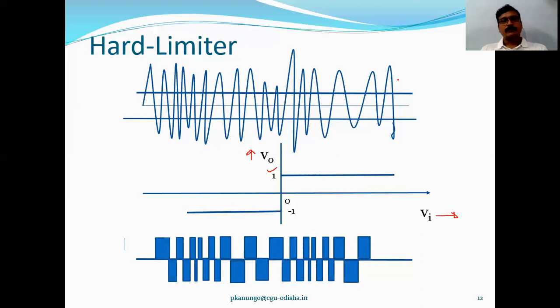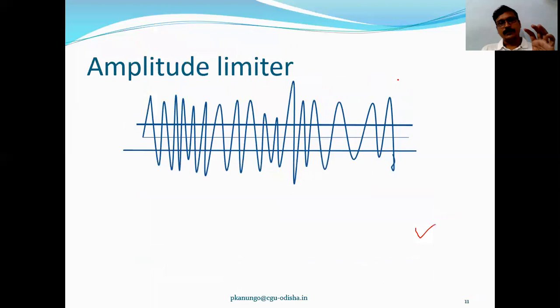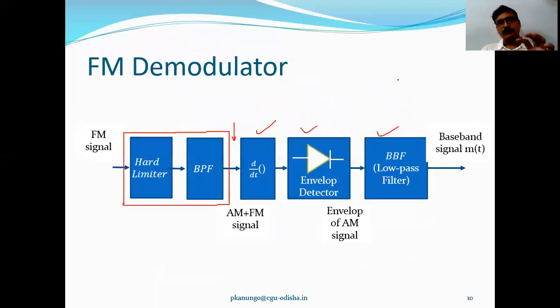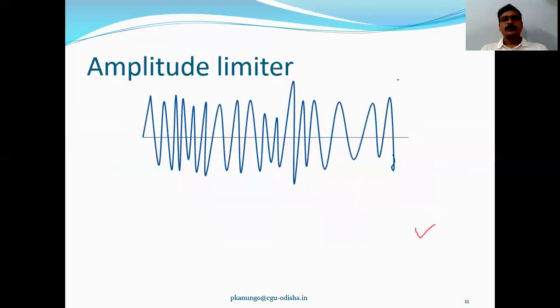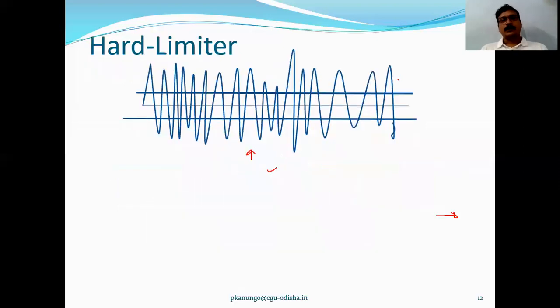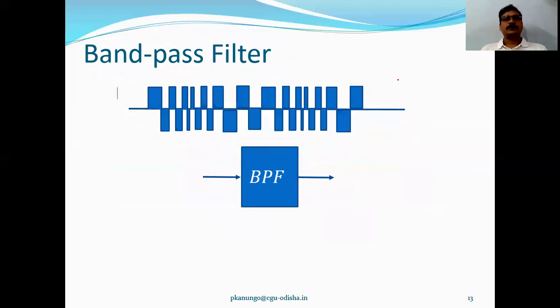So therefore, if you look at the block diagram of our FM demodulator, we have gone through that. We are using a hard limiter followed by a band pass filter. Now if I use a band pass filter here, then the fundamental frequency of this FM signal will be passed through by the band pass filter.